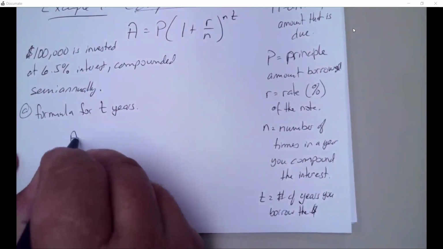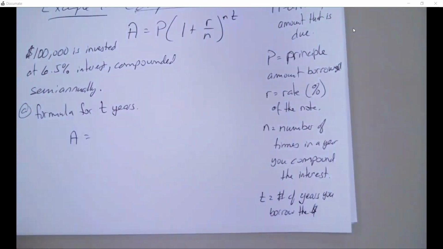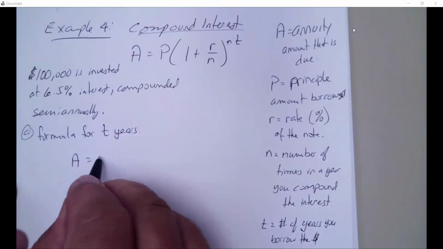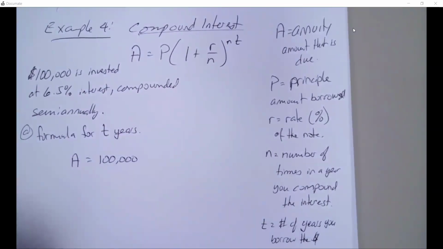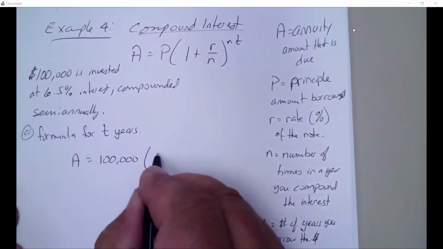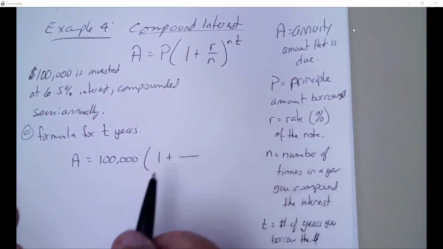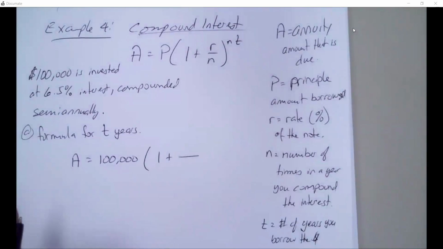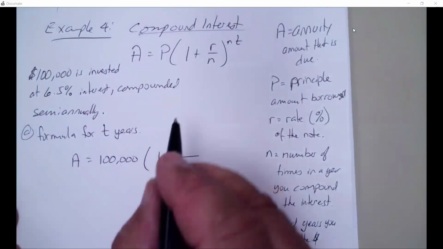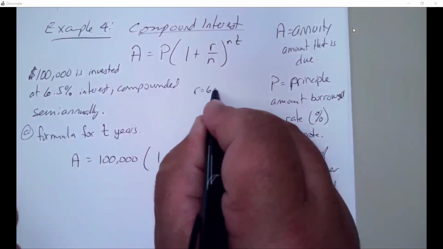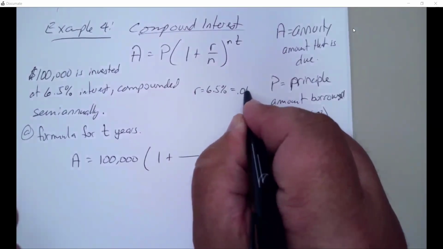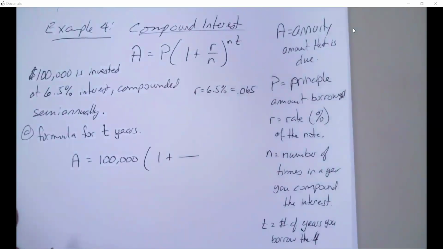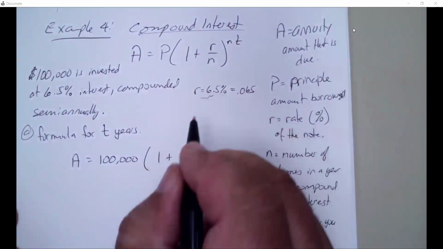So the annuity, what's my principal? What's my P? $100,000. That's how much you have. It's always money. It's always the dollars. 1 plus, what's my rate? What's my R? R is 6.5%. You have to convert it to decimals, so move the decimal 2 to the left.